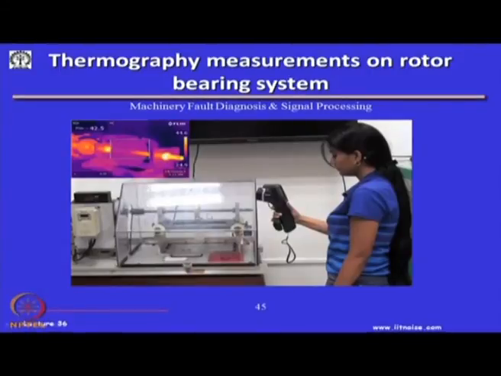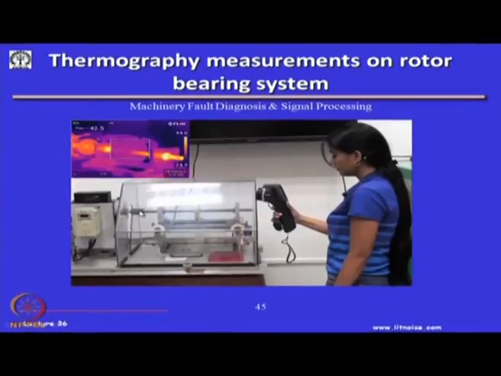And this is what I was telling you regarding the infrared image in our laboratory, wherein my student is holding this FLIR camera, and you have the bearings. This is the coupling. So, for the rate of temperature rise, we can artificially introduce misalignment in this system. This is the drive end bearing, this is the non drive end bearing, this is a motor behind it.